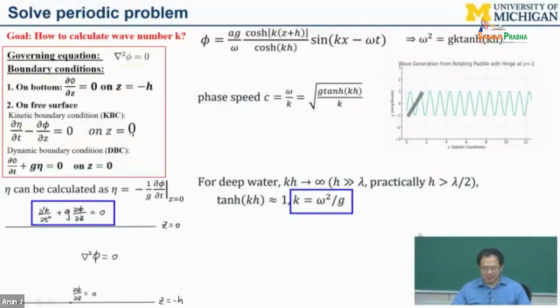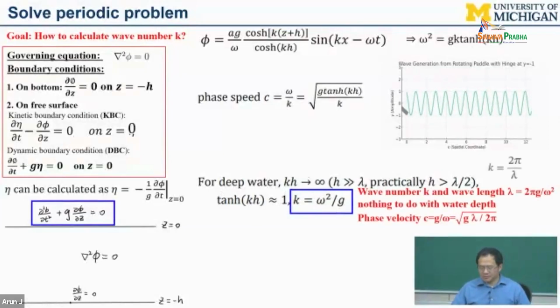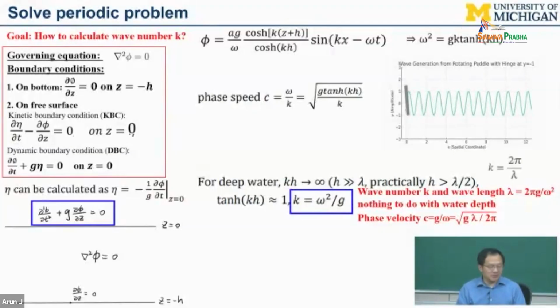In that case, the wave number will become k equals omega squared divided by g. What does that mean? If you use the relationship k equals 2 pi divided by lambda, you can get the wavelength.